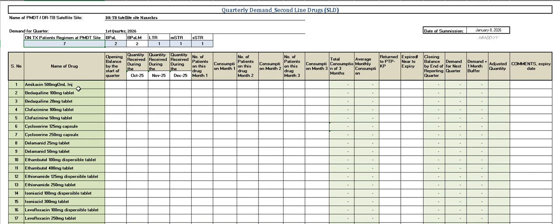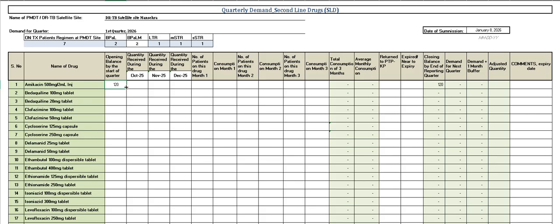Here, for example, amikacin. Say you have 120 injections at the start of the quarter, the first day of the quarter, 1st January of 2026.